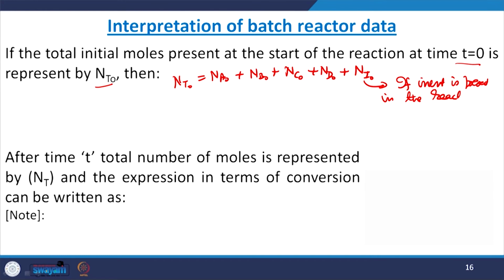This is a very common thing. Sometimes you need to put the inert in the reactor to shift the reaction, and these inerts are not converted into the product.